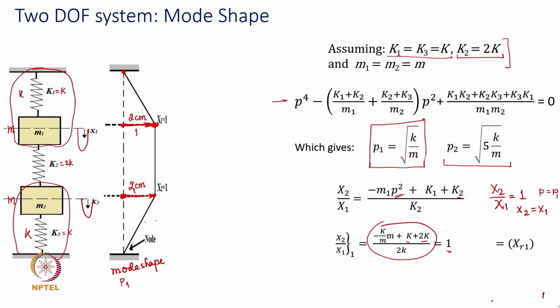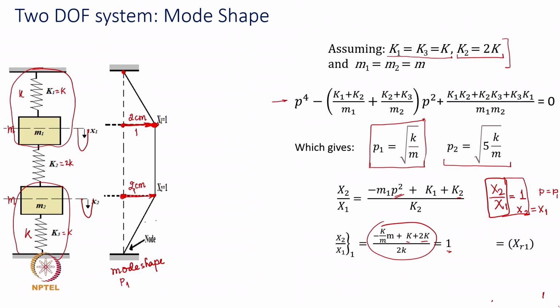Okay. And because it is defined as a ratio, the absolute amplitude makes little relevance. Whether it is 2 centimeter or 2 millimeter does not make any difference, as long as the ratio between their displacements is maintained equal to 1, that is what the mode shape is.